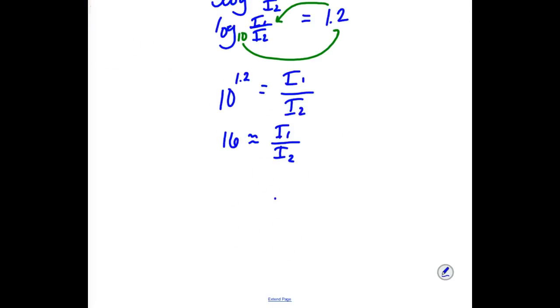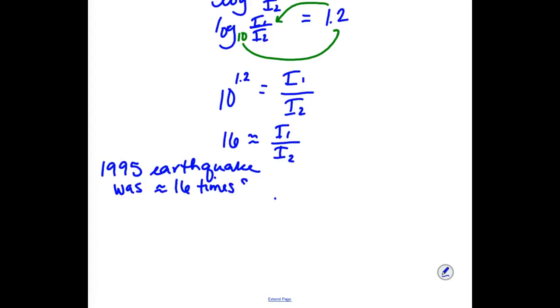Okay, so the 1995 earthquake was about 16 times stronger than the 2001 earthquake.